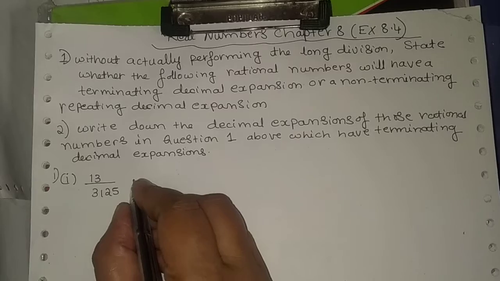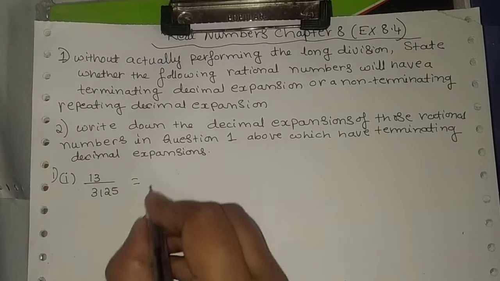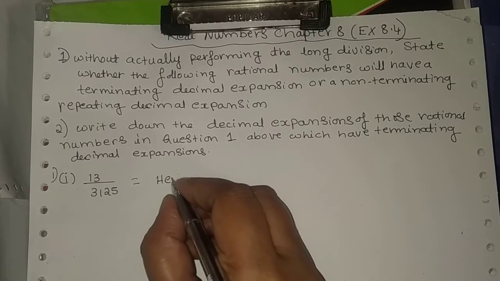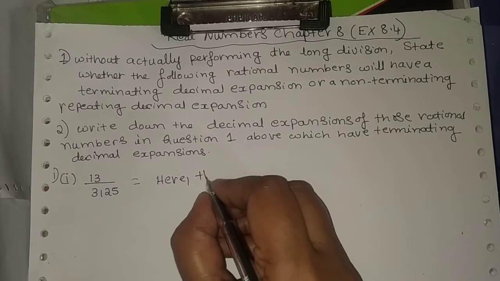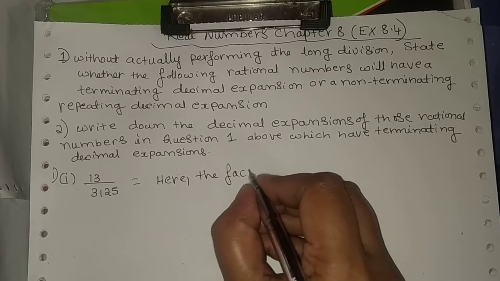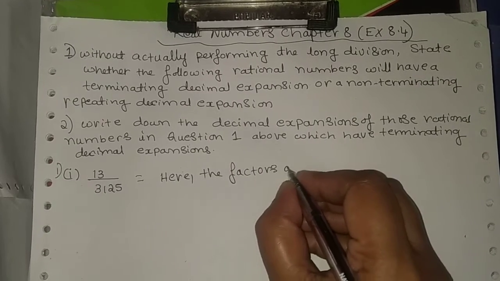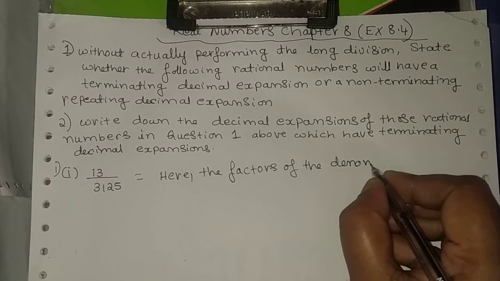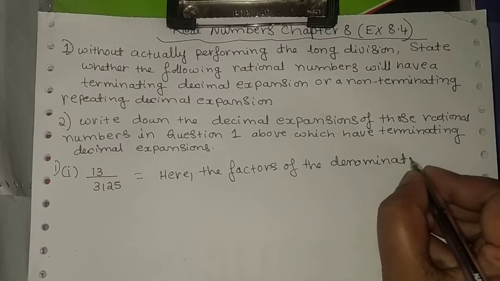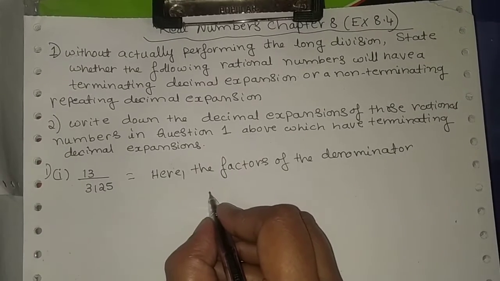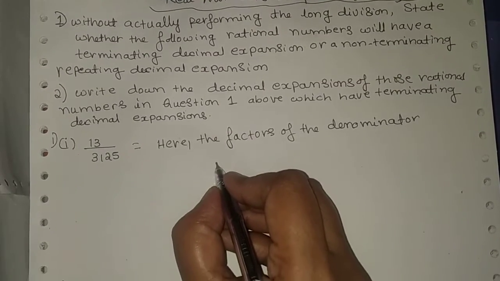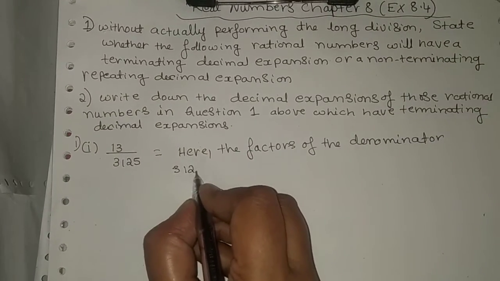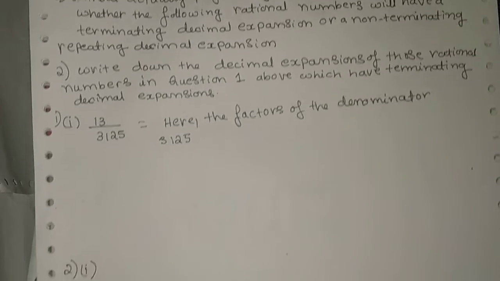So what we have to do here in this first question is write the factors of the denominator, that is, the factors of 3125.